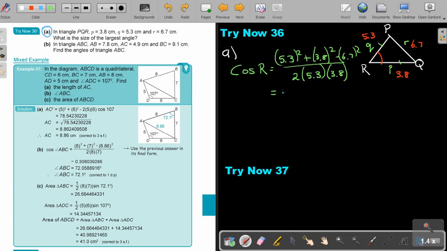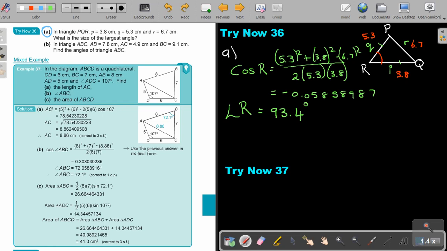And then I will get negative 0.058588987. Shift cos, tell your calculator to go to angles, and angle R will be 93.4 degrees. And that will be your final answer.